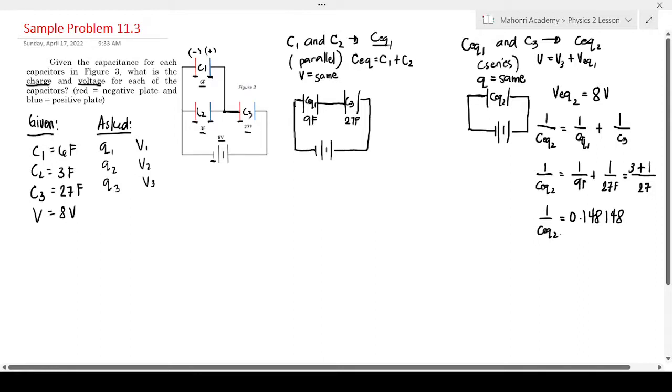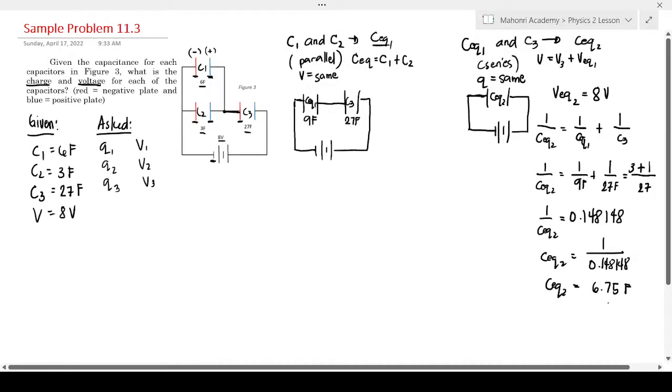So what you want to do is to measure CEQ2. This is basically just 1 over 0.148148, which tells you that CEQ2 is equal to about 6.75 farads. So the equivalent capacitance for your series is 6.75 farads.